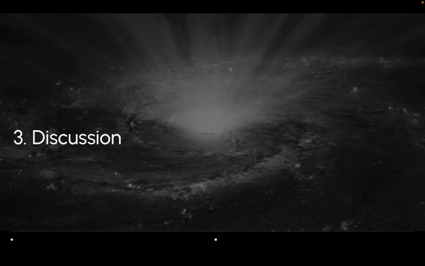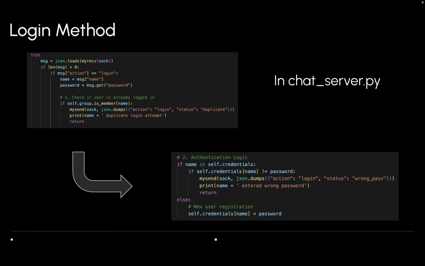Next up is the discussion part. For the login method, first we modified the login method in the chat server file to check if the user is already logged in. If the user enters the correct password, they will get in, or else the system will raise an error.